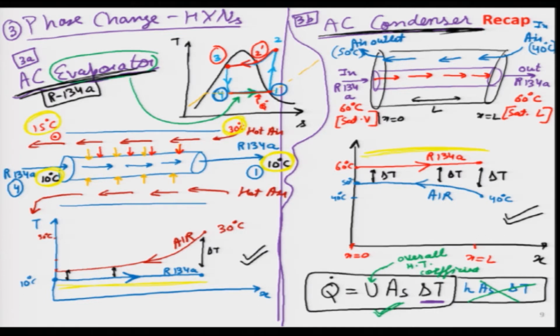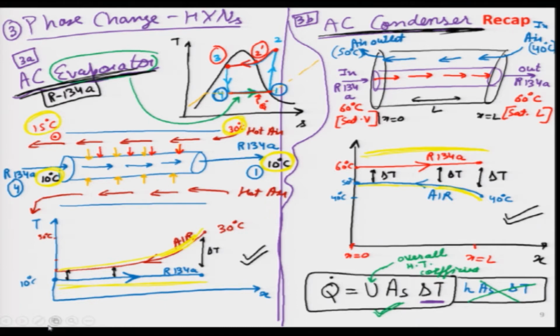I am picking these colors red and blue just to illustrate which is the hot fluid and which is the cold fluid. And for the other one, the temperature drops or increases very rapidly at first, like the yellow curve I can show over here and here also, and then later on it becomes less and less rapid. So, we will address these things.